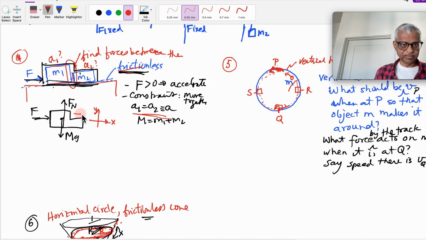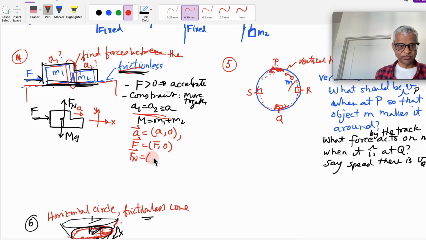So acceleration is going to point that way, and magnitude A. So you can say acceleration vector is (A, 0). F vector is (F, 0). Fn vector is (0, Fn).